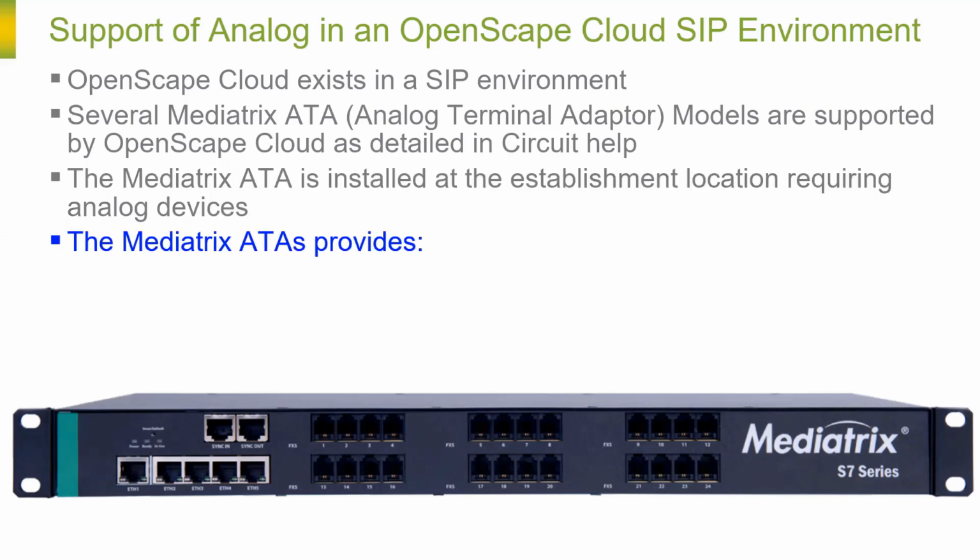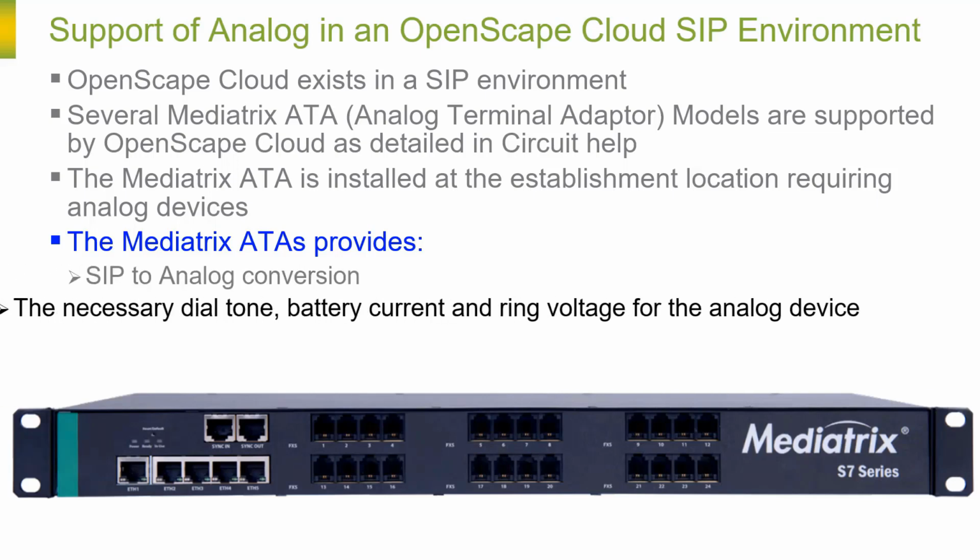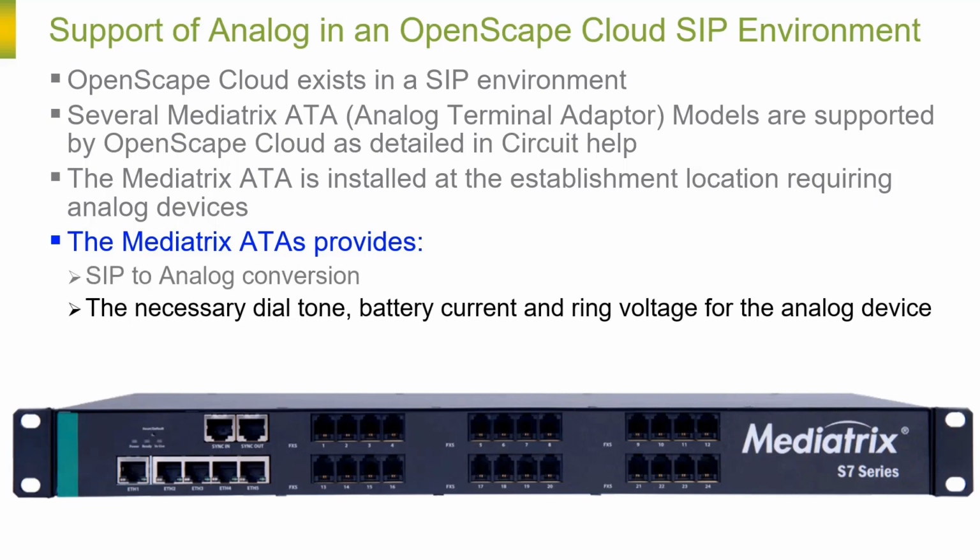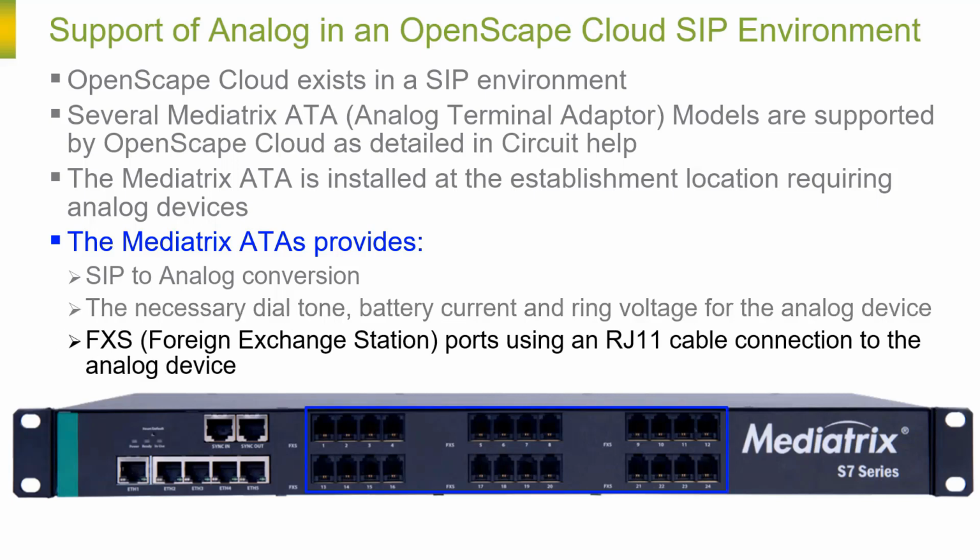The Mediatrix ATAs provide SIP to analog conversion, the necessary dial tone, battery current, and ring voltage for the analog device, and FXS, foreign exchange station ports, using an RJ11 cable connection to the analog device.